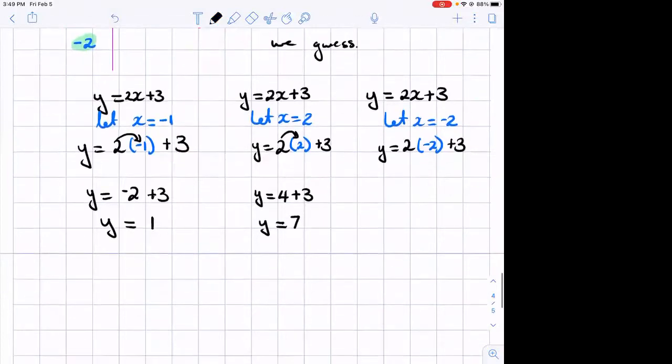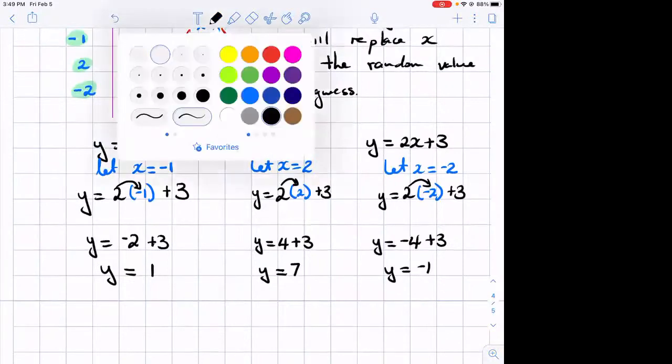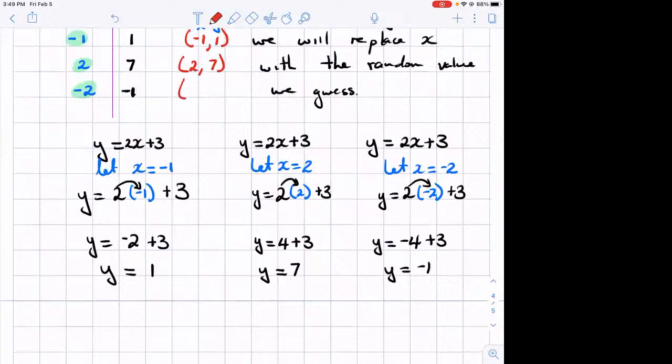Okay? And 2 times -2, therefore y equals -4 plus 3. Therefore, y equals -1. So this point here is -1, and my ordered pair for this one becomes -2, -1.